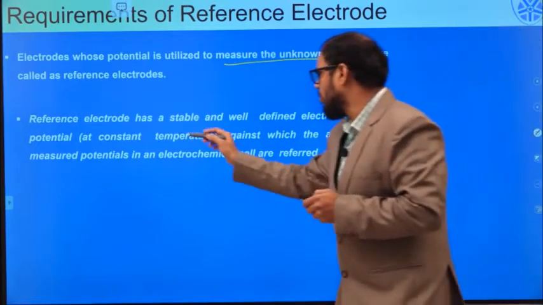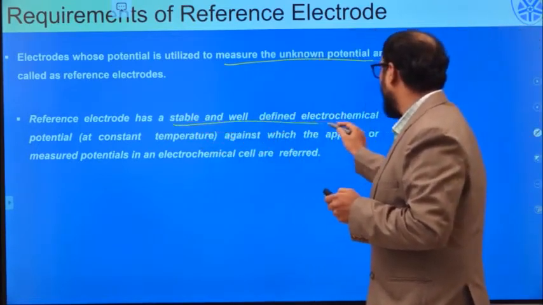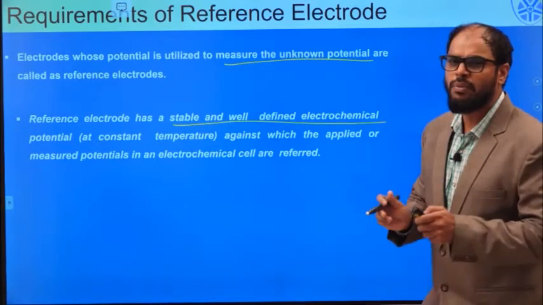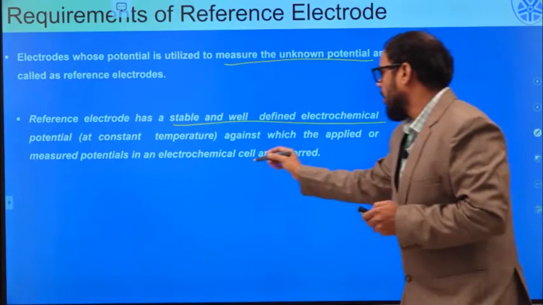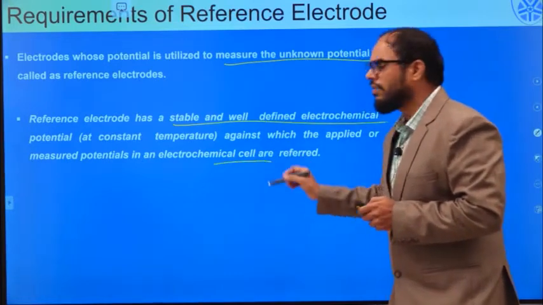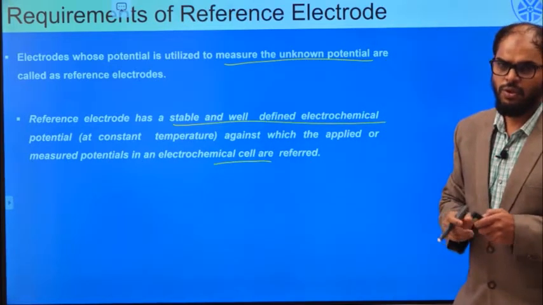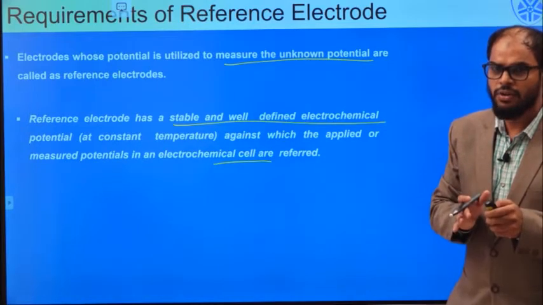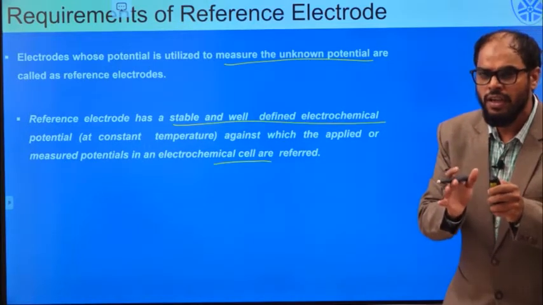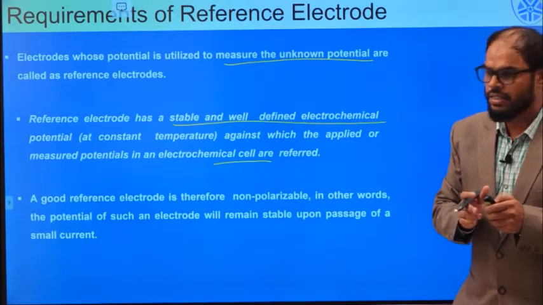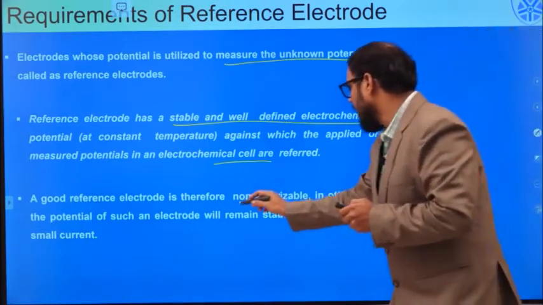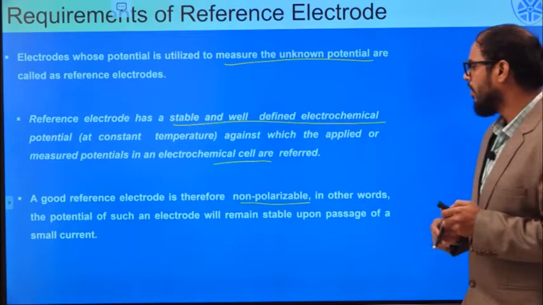The reference electrode should have a stable and well defined electrochemical potential, and this potential changes with the temperature. So, ideally speaking, any reference electrode should have a fixed value of electrode potential. And the second important requirement is that a good reference electrode is non-polarizable.